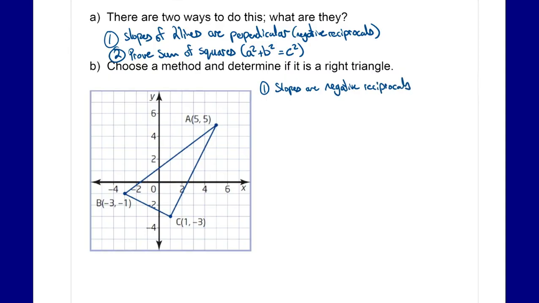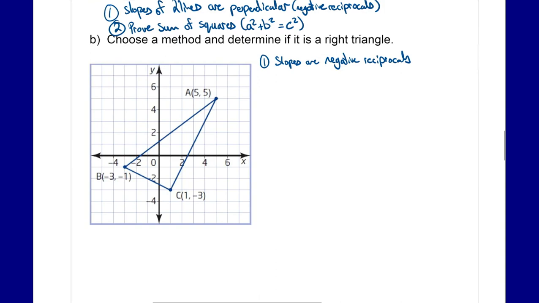And this one is easier because based off of my drawing, I can probably guess which two sides of the triangle I'm going to look at. I'm going to be looking at these two here. Assuming that it's been graphed properly, I'm checking, is this angle 90 degrees?